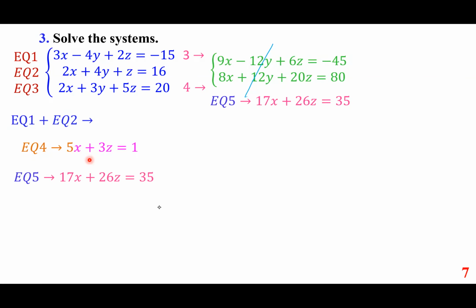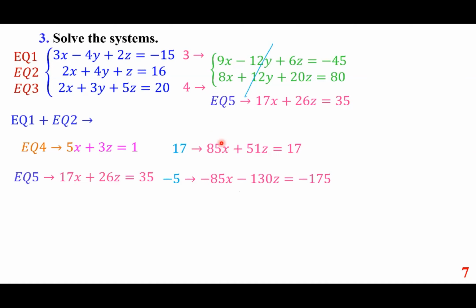So for example, if I want to solve for z, I can multiply this one by 17, this one by 5, but one of them negative. So if we multiply this one by 17, we're going to multiply this one by -5. So 17 gives us 85x plus 51z plus 17. I'm going to multiply this by -5, gives me -85x, -130z minus 175.